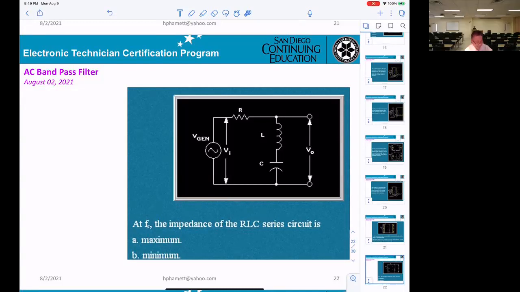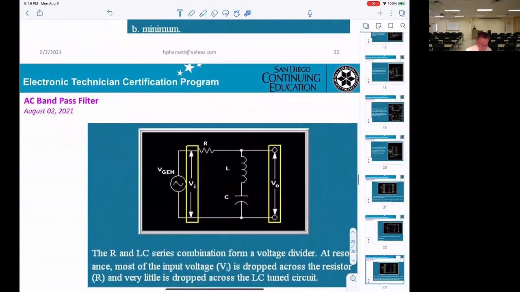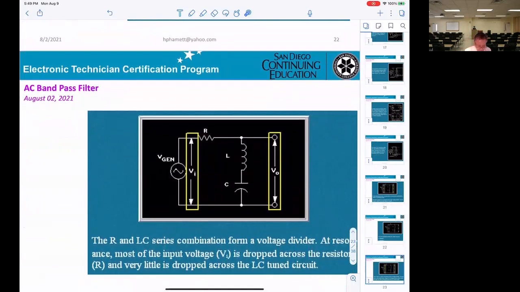Yeah, B. That's just resonance, right? At resonance, the XL and XC equal and cancel out, so you get only the resistor. That will be asked again on the final. So they just try to explain to you what's going on. You need to read it.